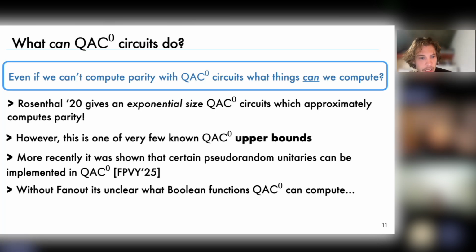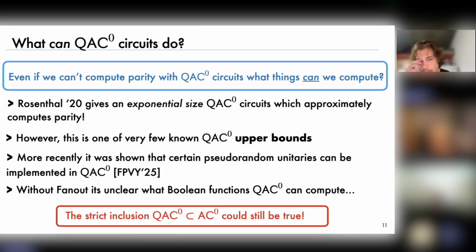So this is what this final bullet point is getting to: without these fan out gates natively included in QAC0, it's unclear what we can compute or what we could even hope to compute. In particular, one wild statement that still could be true, at least up to now, is that QAC0 is strictly contained in AC0.